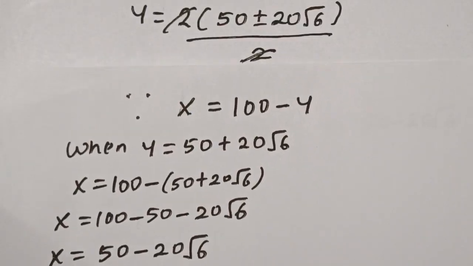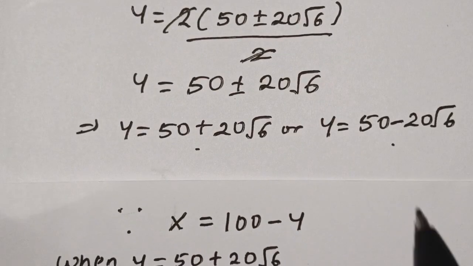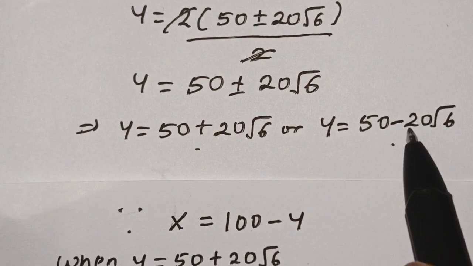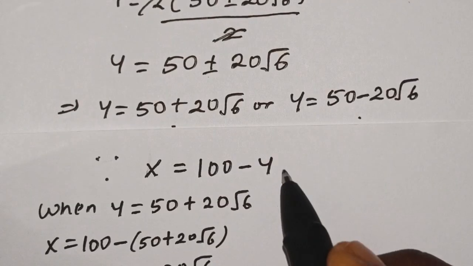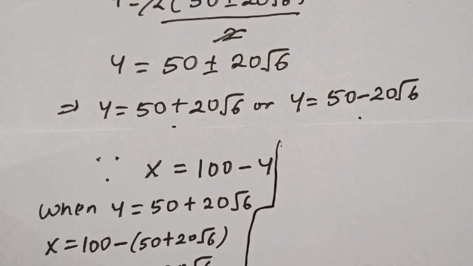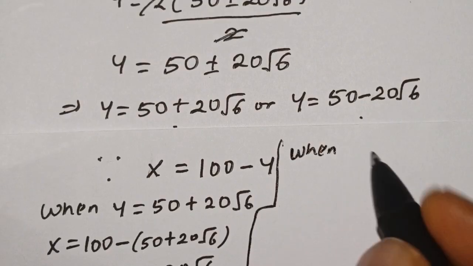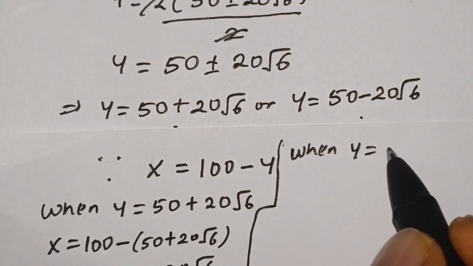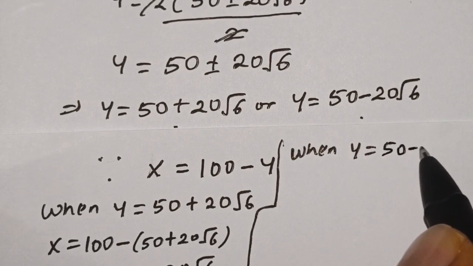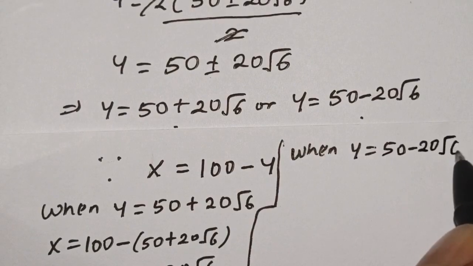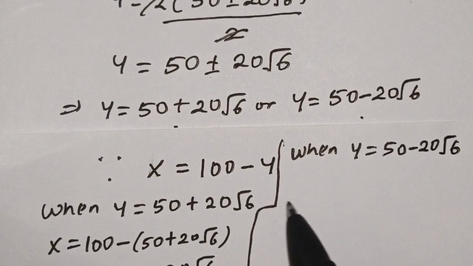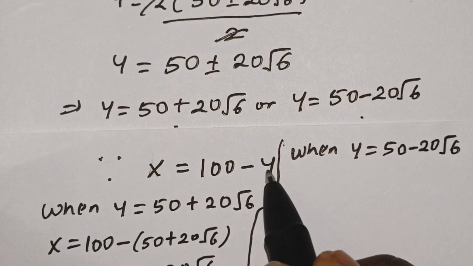Now, let's consider the other value of y, which is 50 minus 20 root 6. Let's manage this side. When y is equal to 50 minus 20 root 6, similarly, we plug this value of y here.